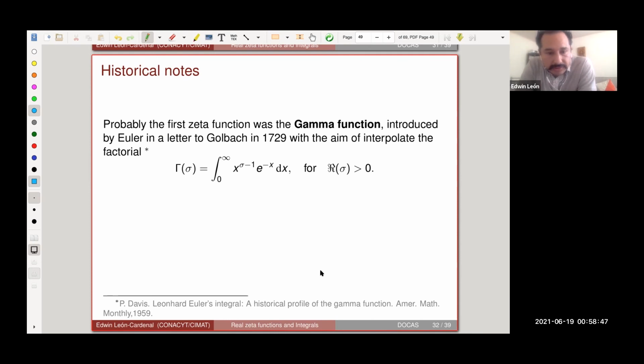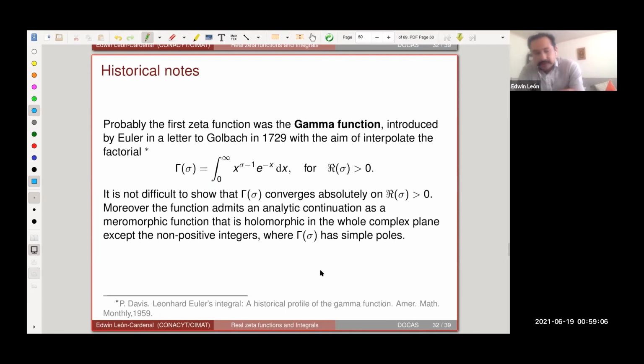Probably the first zeta function was the gamma function. This is well known for those of you who are teaching calculus, or well, maybe you remember this from a long time ago. So this is probably the first zeta function, of course. Nobody calls it like that, but it has the same properties.